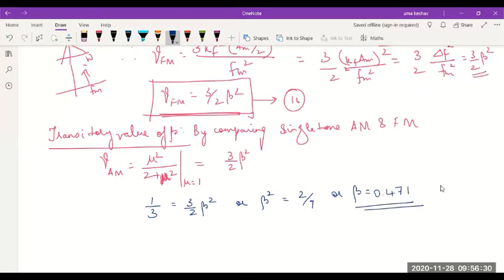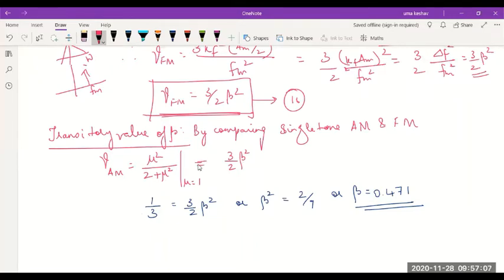This transitory value of beta is to help us compare standard AM performance with that of FM. So what we'll do, we'll consider single tone AM figure of merit equation mu square by 2 plus mu square. And we'll find its value when mu is equal to 1, which turns out to be 1 by 3.